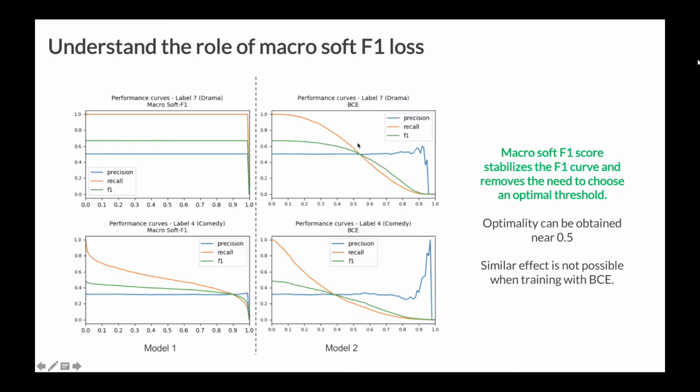You have to fix the right threshold that maximizes the F score. And this is a very nice feature of the first approach, because when it comes to building production machine learning systems, we don't have to manage the decision threshold anymore. You can fix it at 0.5 all the time for all the labels, and it will work okay.